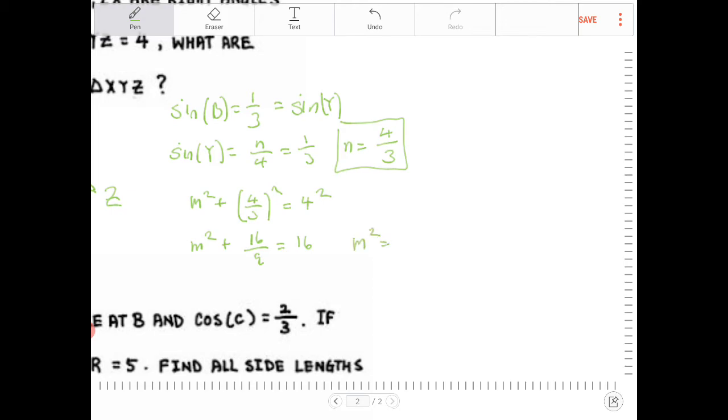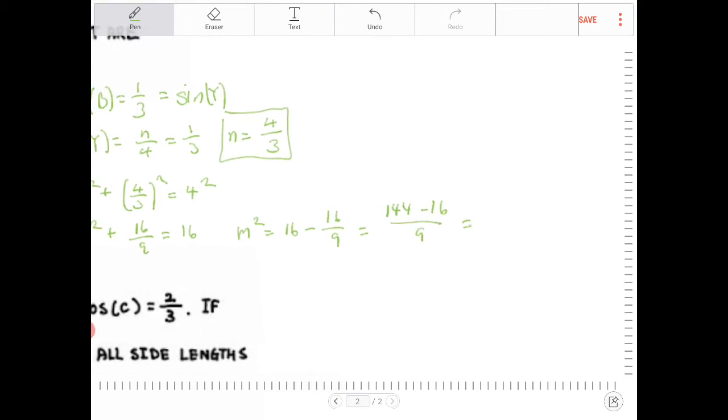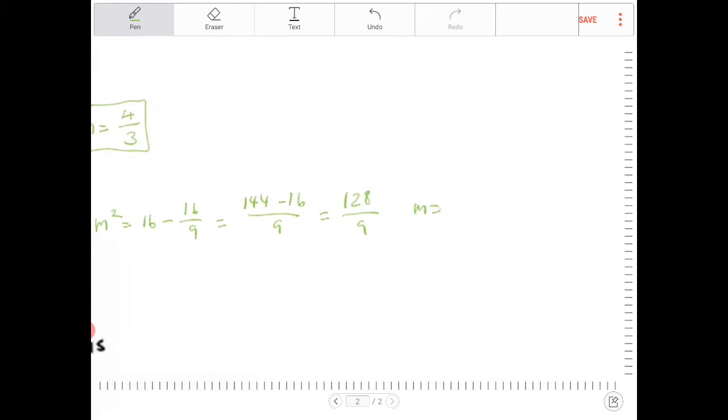M squared is equal to 16 minus 16/9, which is equivalent to 144 minus 16 over 9, and that would be equivalent to 128 over 9.